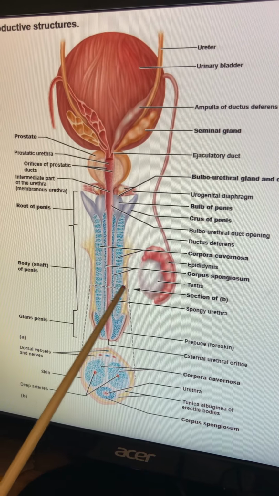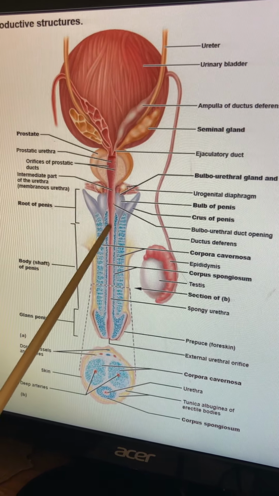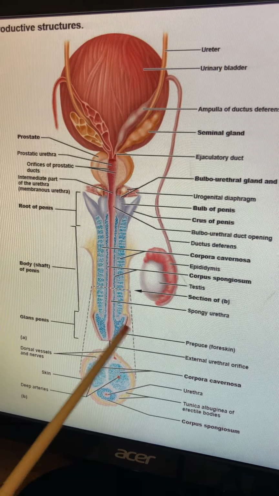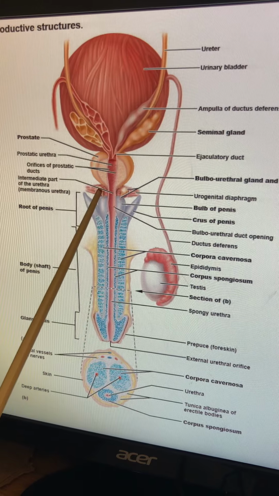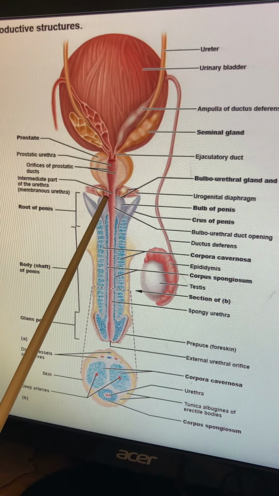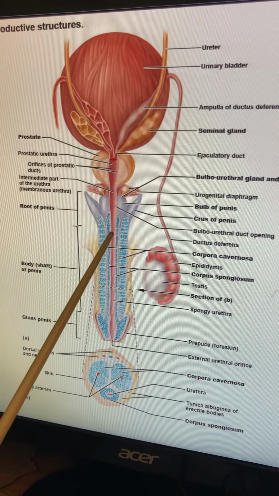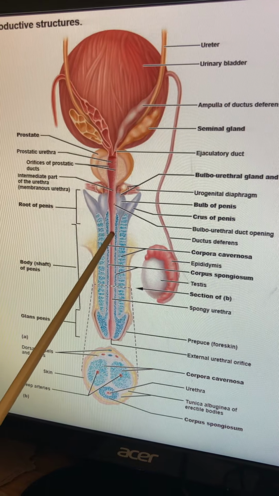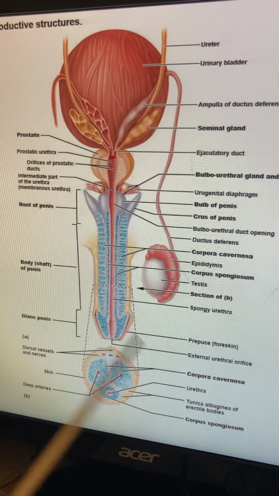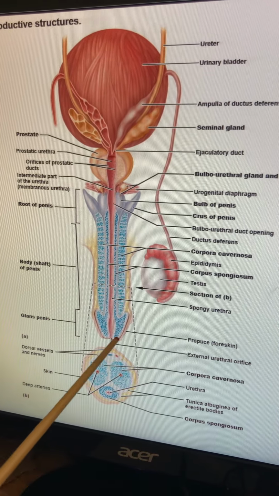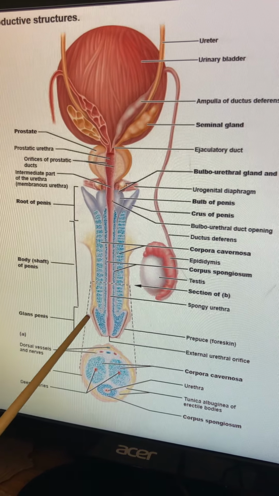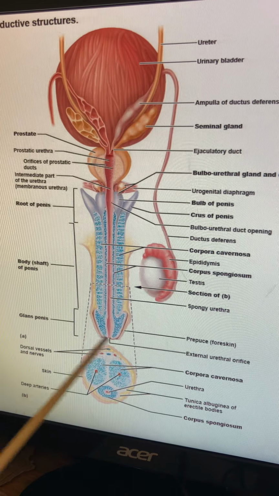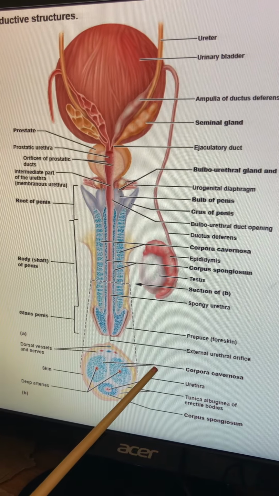In addition to that, because this tube is used for urine, and that's not going to be really good for having viable sperm, the secretions that leave the body first are going to be the secretions of the bulbourethral glands that are going to neutralize any acidic urine that's left in that tube. So they do two things. They're going to neutralize any acidic urine that's left in there, and because they're super duper slippery, they're going to lubricate the glans penis.